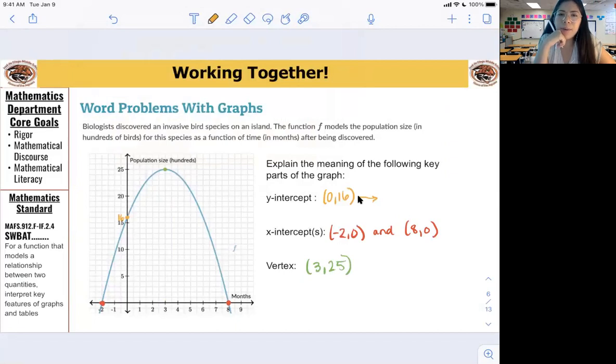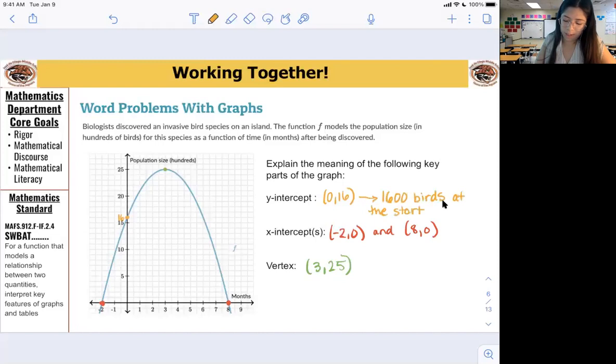Good, the population size. And it's telling us that that's the population size in hundreds. So how many birds are there? If it's on the 16, what does that mean? 1,600 birds were there at the start. Good. At the start.